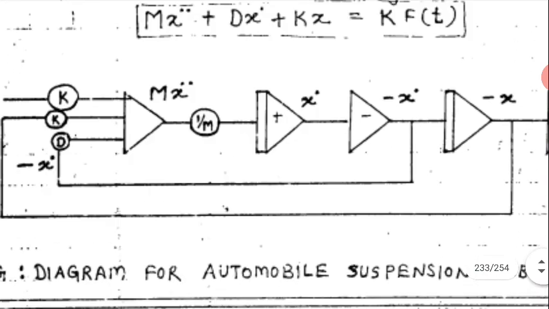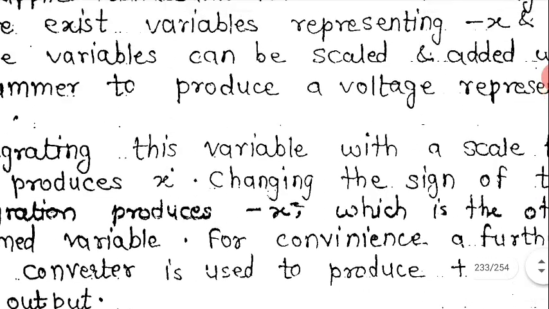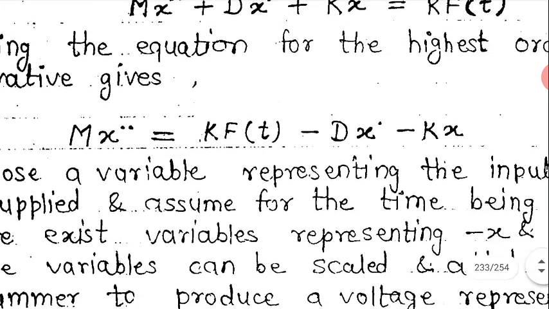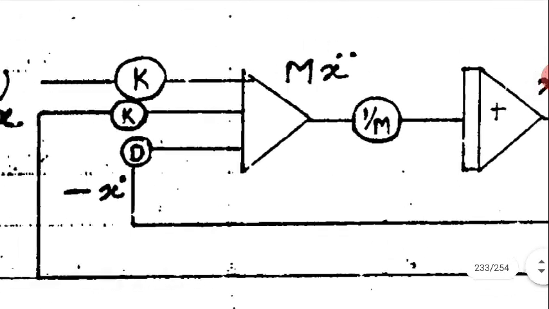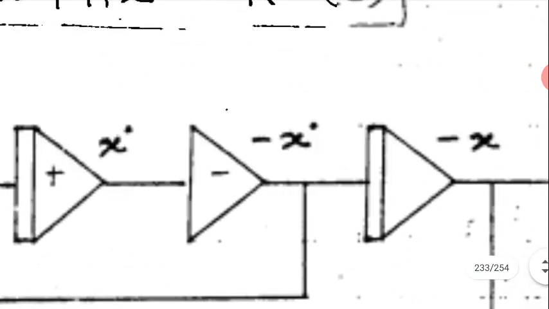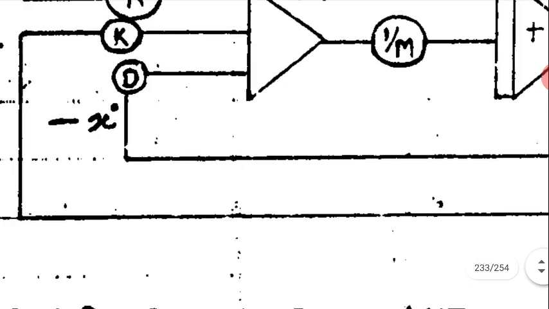So m x double dot is equal to minus D into x dot, as we have seen over here. Its sign is converted, D into x dot. See over here, you can see D into x dot, it is minus x dot, and here minus x into this k.